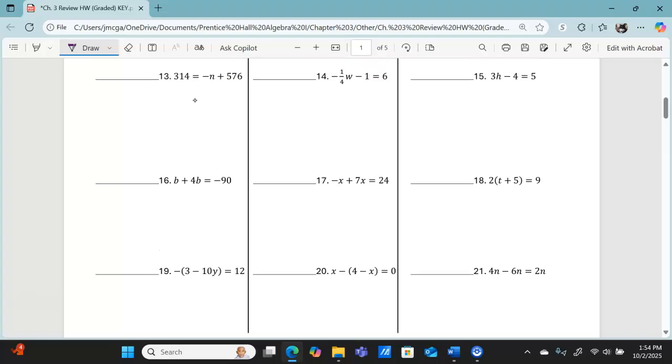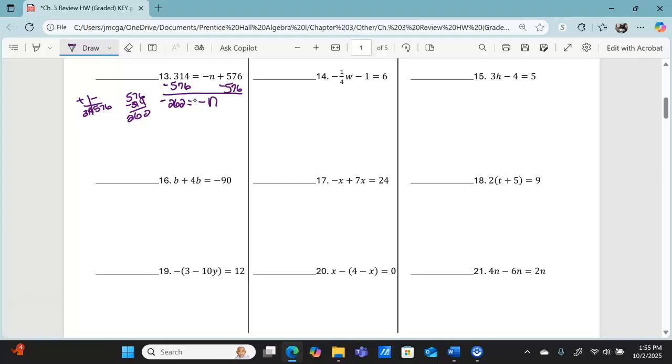On to here. We're going to subtract 576 from both sides. And we have negative n equals, so we have a negative 576 and a positive 314. So I need to find the difference, 262, and keep the sign of the larger, which is a negative.